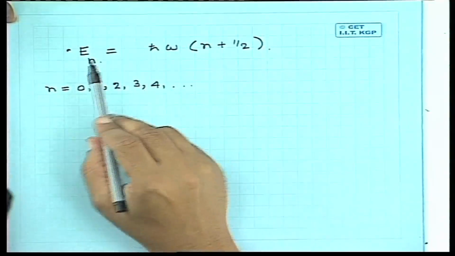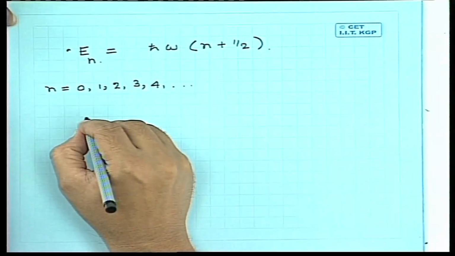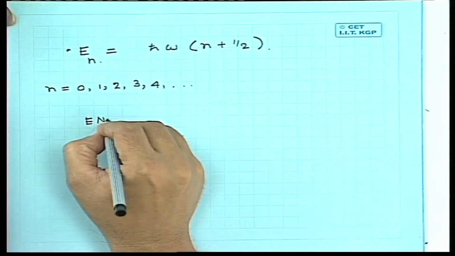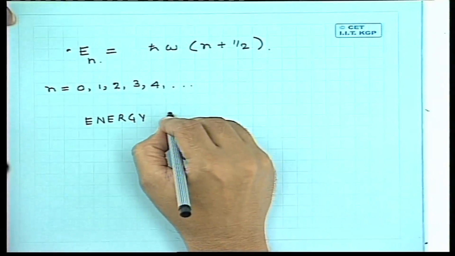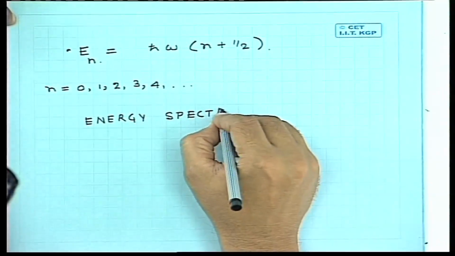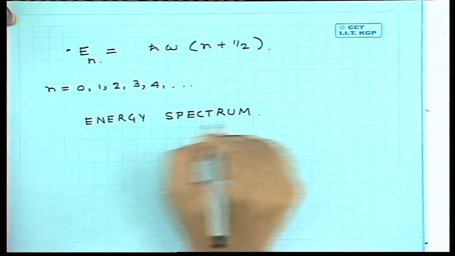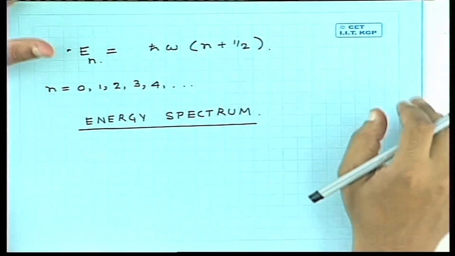So what are the properties of this? Let us first look at this. This is called the energy spectrum of the simple harmonic oscillator. Why is it called the energy spectrum? Suppose I have a particle moving in some simple harmonic oscillator potential.